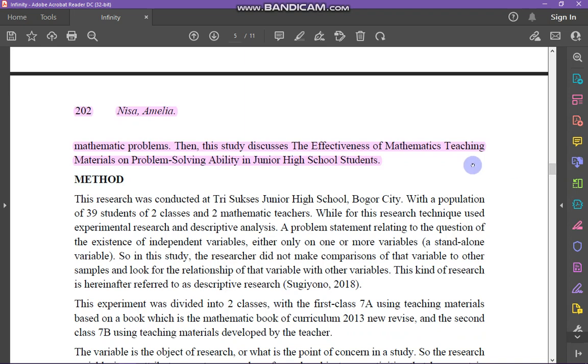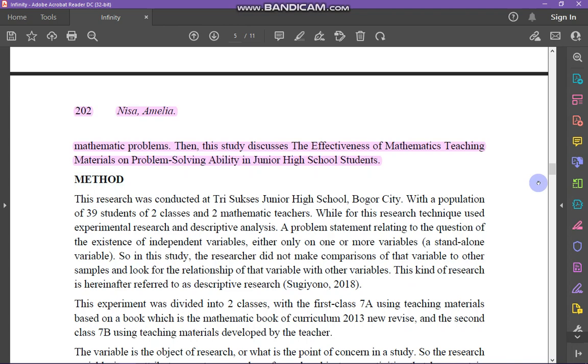Next, the method. Method refers to the ways of collecting and analyzing data. For this research, the technique used is experimental research and descriptive analysis.